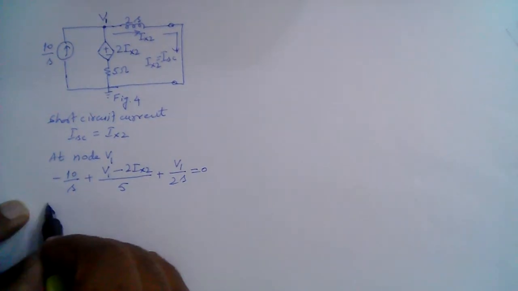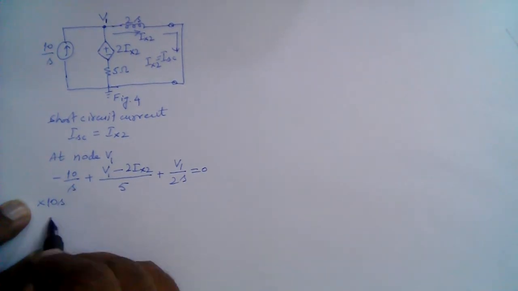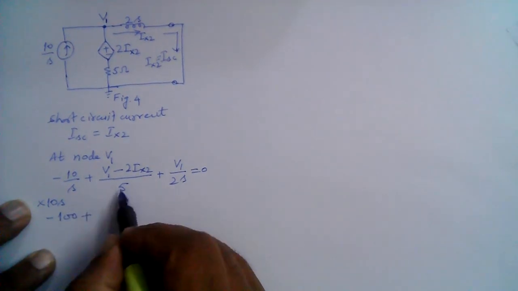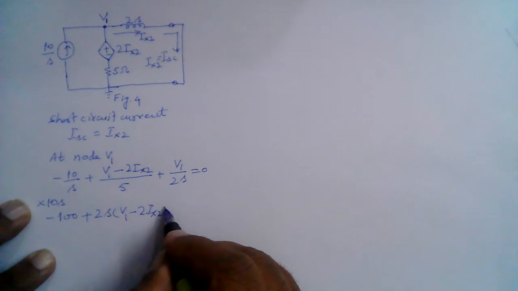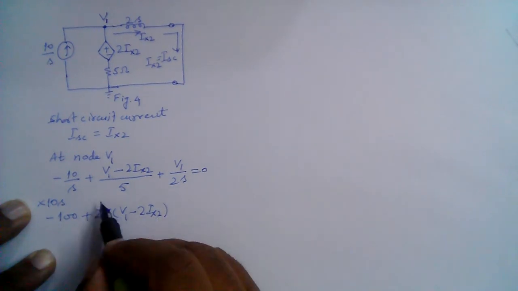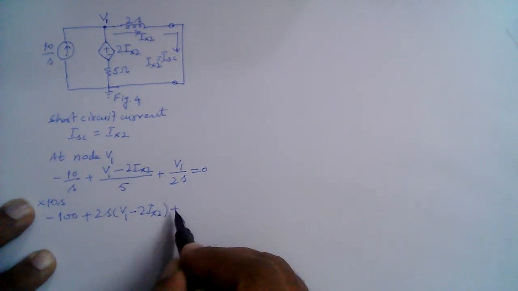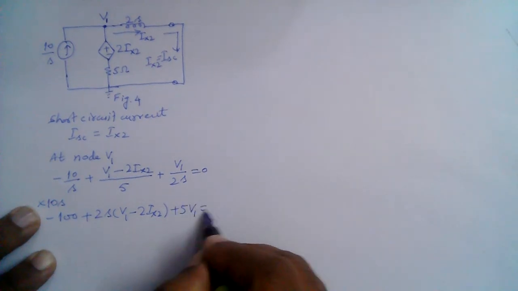So multiply throughout by 10S, right? So this will become minus 100. 10S multiplied by minus 10 over S will be minus 100, and this will be 2S into (V1 minus 2Ix2), right? Multiplied by 10S divided by 5, that is 2S, and plus 10S divided by 2S, that is 5V1, is equal to 0.